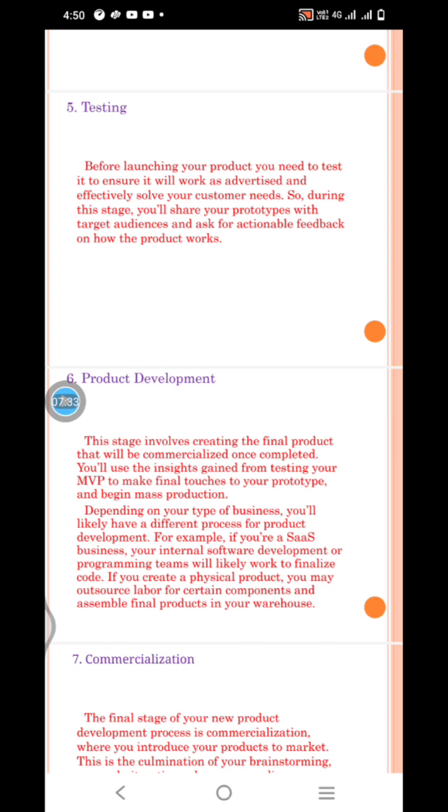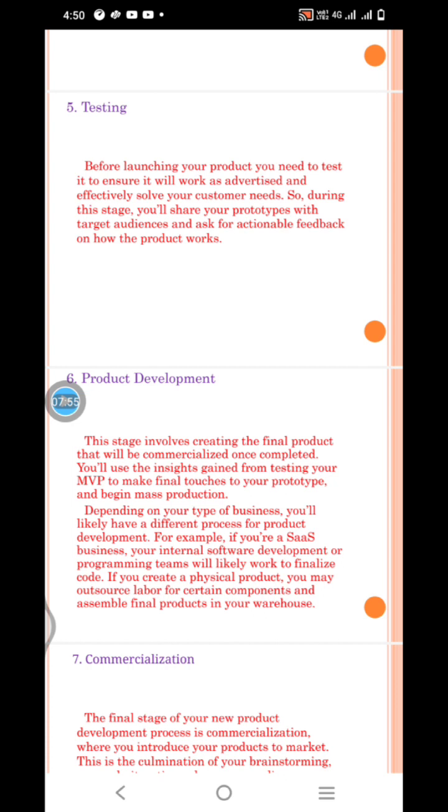You will use the insights gained from testing and your marketing research to make final touches to your prototype and begin mass production.